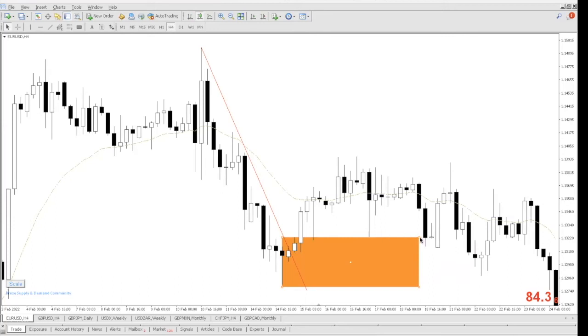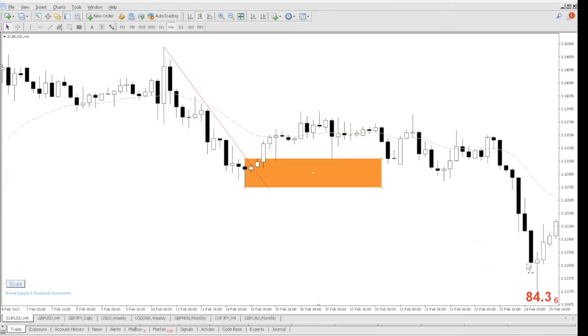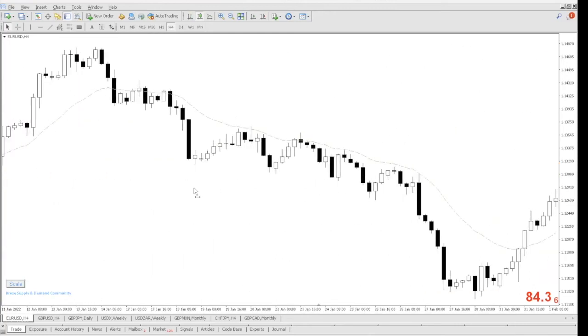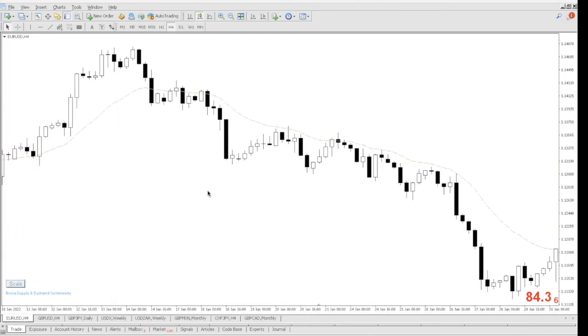The third one, most of the time it will break. Look, the third one here, it penetrated a bit down, and then the fourth one, it penetrated a bit down. The fifth one, look at the fifth touch. What it did, it broke that area. That's something that you have to keep in mind.